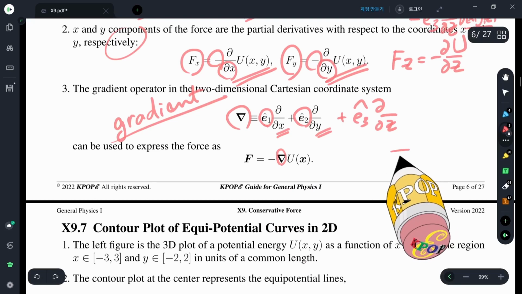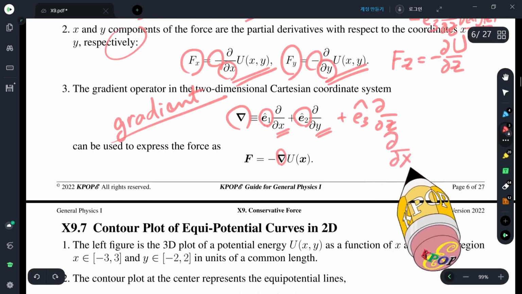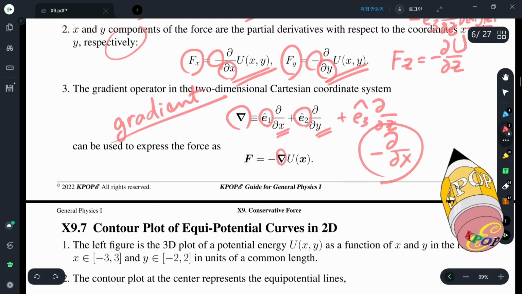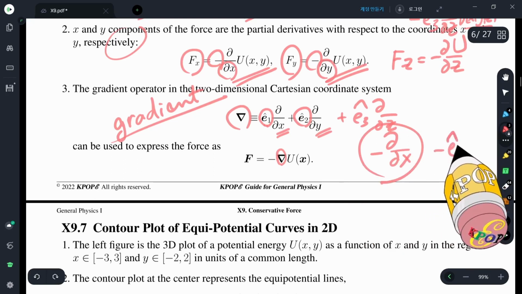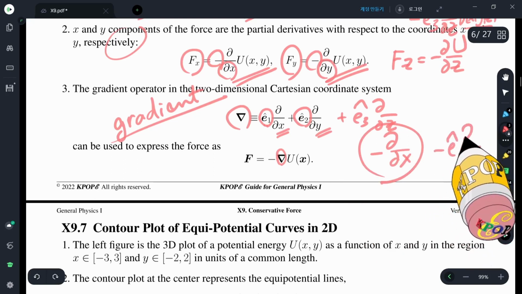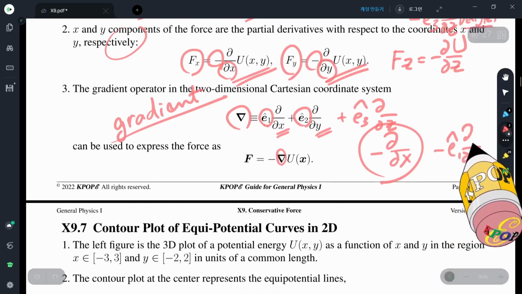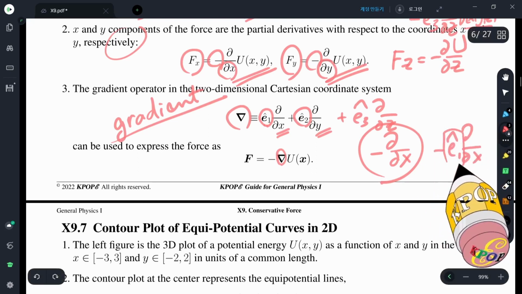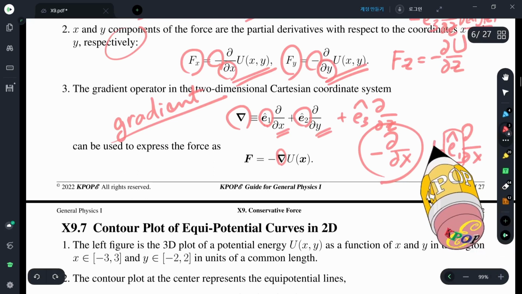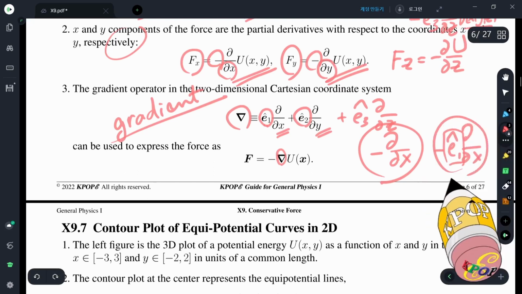In a single dimensional case, I used the minus partial derivative, but actually it is general to write partial derivative, minus, and then multiply the unit vector along the x-axis. This is the correct way to describe the force in 1 dimension.